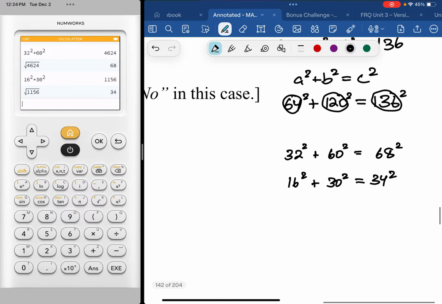Still even. 8 squared plus 15 squared is equal to 17 squared. So this is more of a trial and error approach. Now I get to a point where I can't divide anything by 2 anymore.